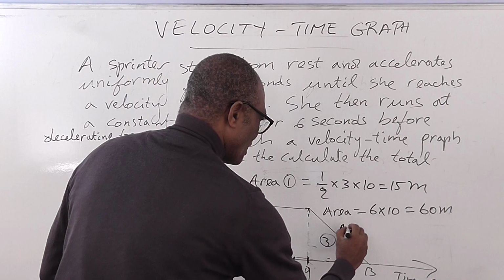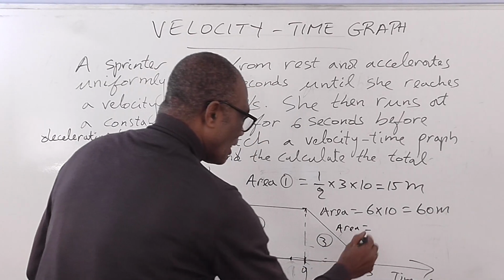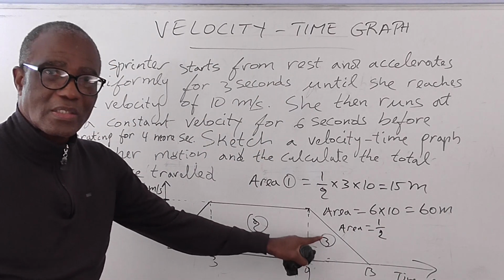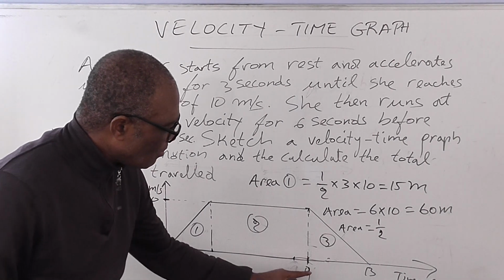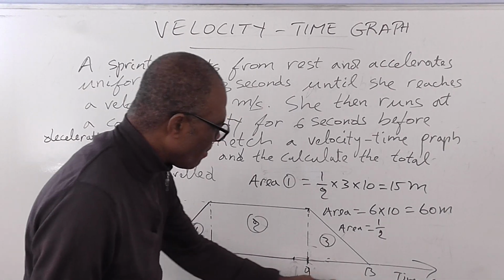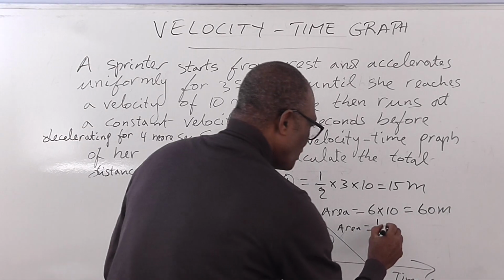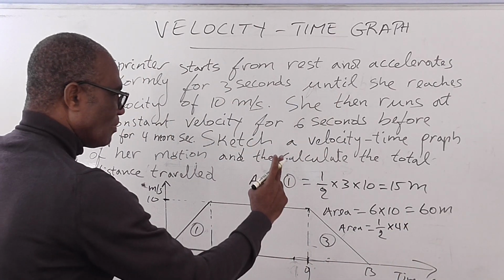Alright. Now, the last part. So the area of the last part will be half, because it's a triangle, multiplied by the base. Base is what? It is 4. And the height is 10.